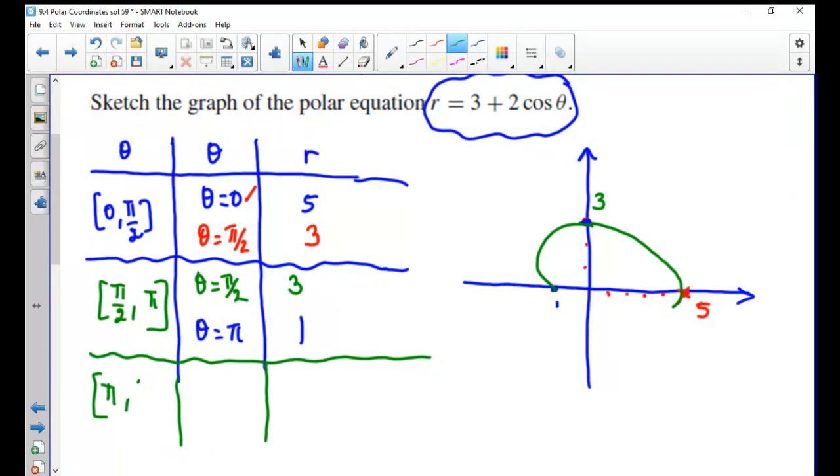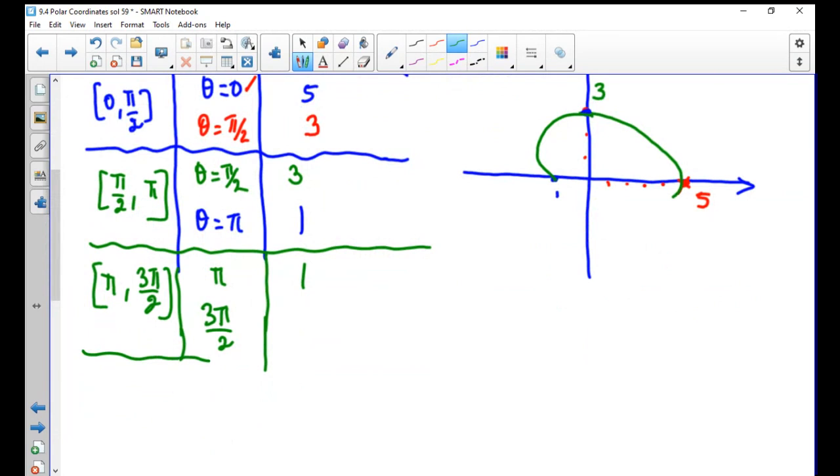From pi to 3 pi over 2. Let's see what happens here. At pi, we already know that r is going to be 1. And at 3 pi over 2, you can check your calculator, you are going to get 3. Substitute: r equals 3 plus 2 cosine 3 pi over 2.